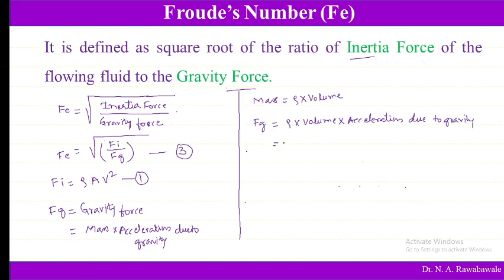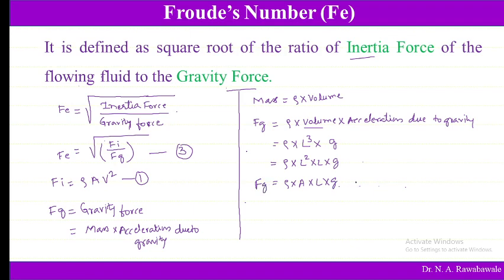Now volume is meter cube, that is dimension length to the power of 3, into acceleration due to gravity given as g. So rho L cube can be written as L square into L into g. This L square means area, given in meter square. So rho into A into L into g. So this is gravity force.